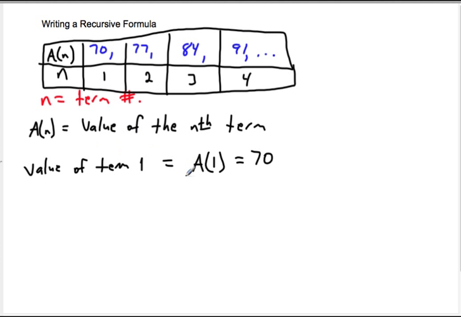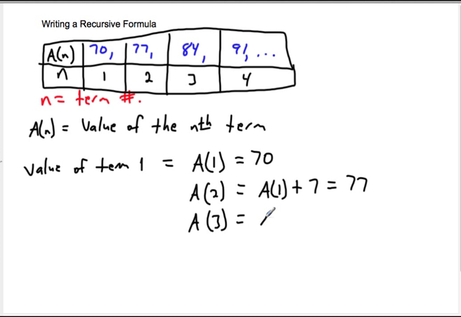The value of term 2, which we can call a2, is going to be a1, or 70 in this case, plus 7 to get to 77. And the value of a3 is the value of a2, which was 77, plus 7. And then we get to 84.